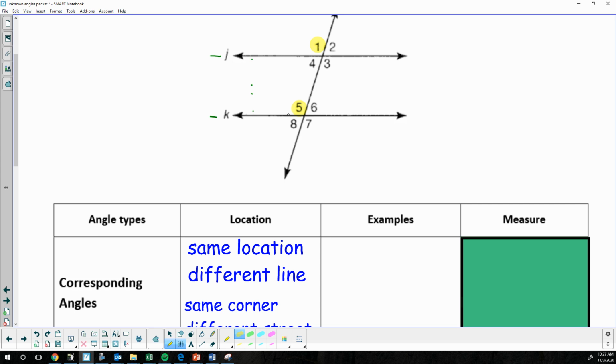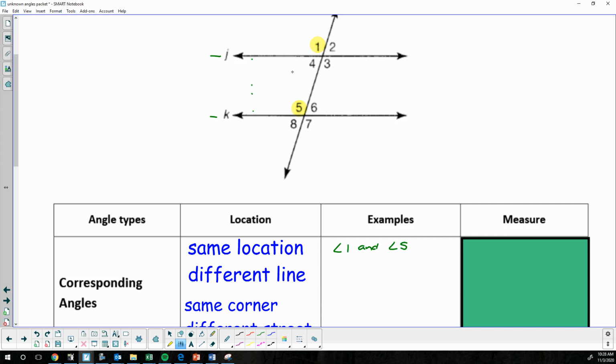So 1 and 5 are corresponding. There is more than one pair, so let's talk about all the different pairs that we have.